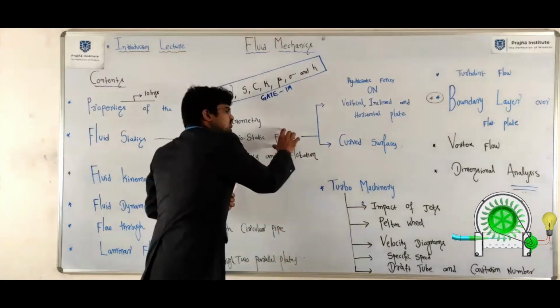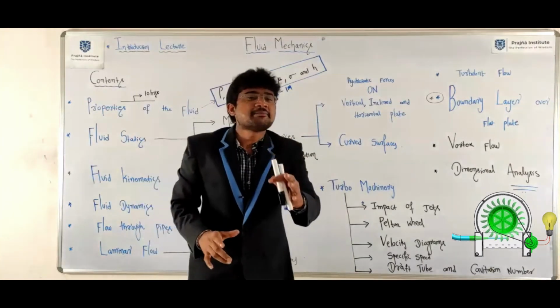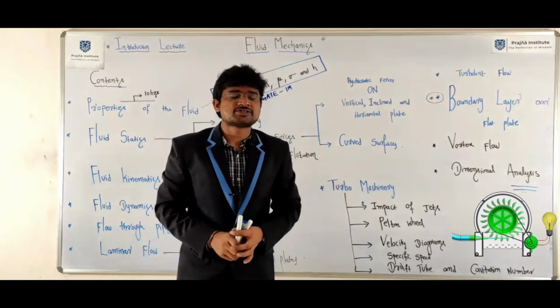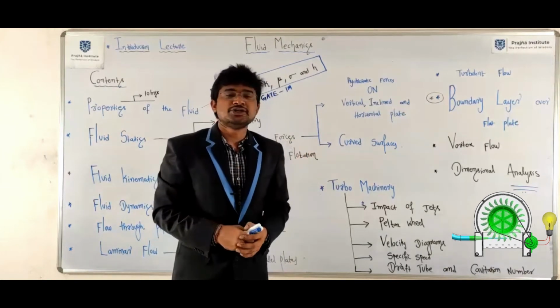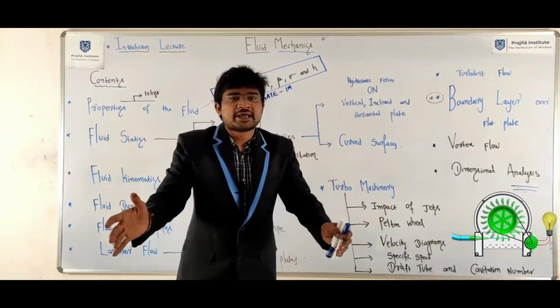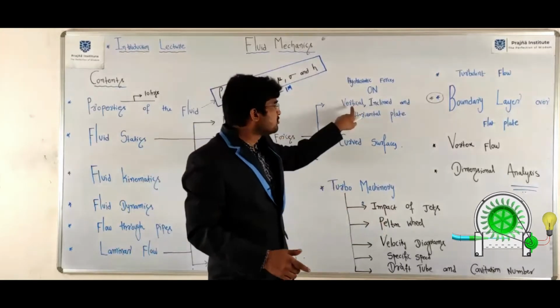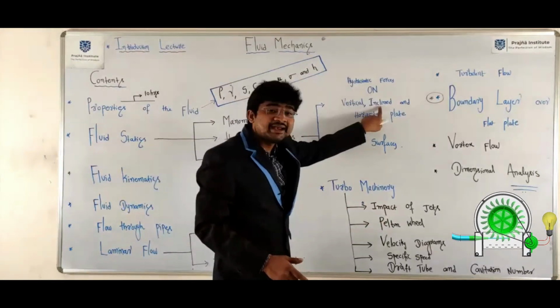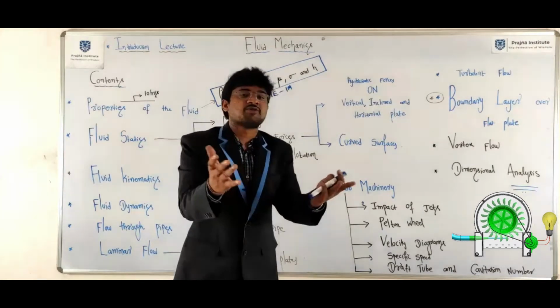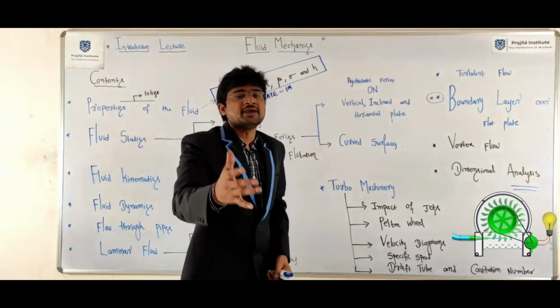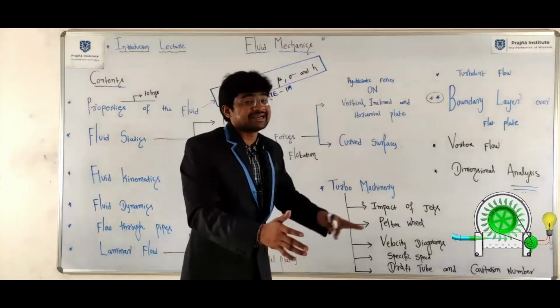What is the motivation behind determining the magnitude of hydrostatic forces? For civil people, you need to build the dams. A gate may be vertical, inclined, or horizontal, or a curved surface. Gate may be any one of the four categories.